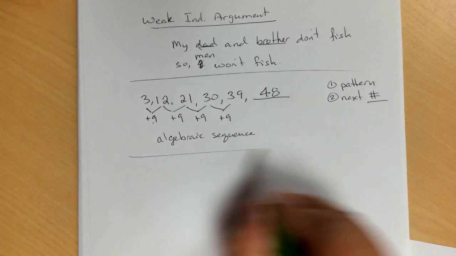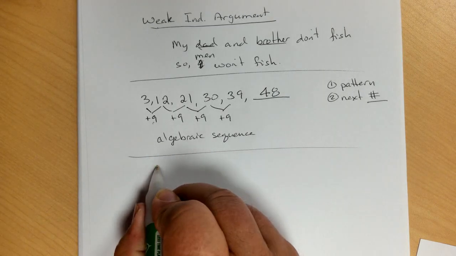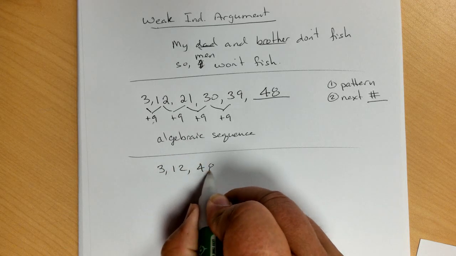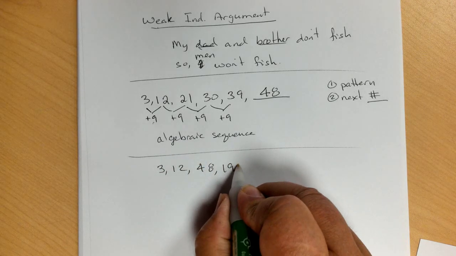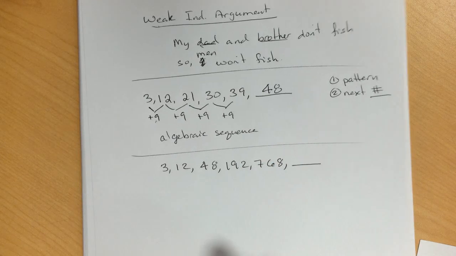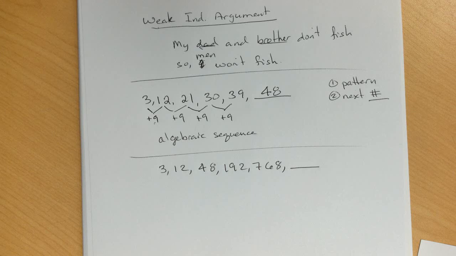Now, is it always going to be that easy? No. Consider 3, 12, 48, 192, 768. You don't have to take pictures of everything.